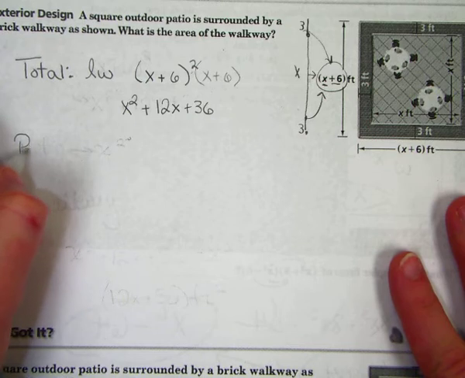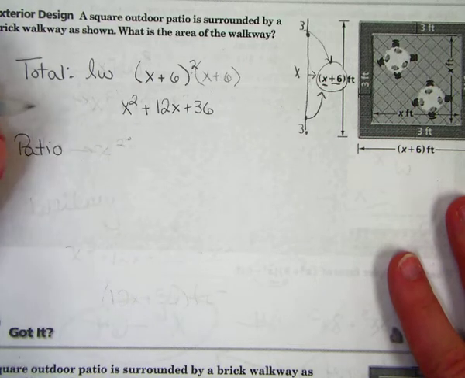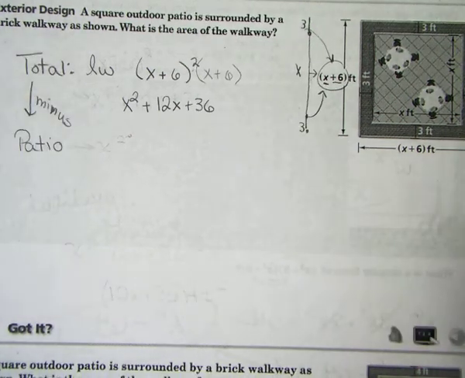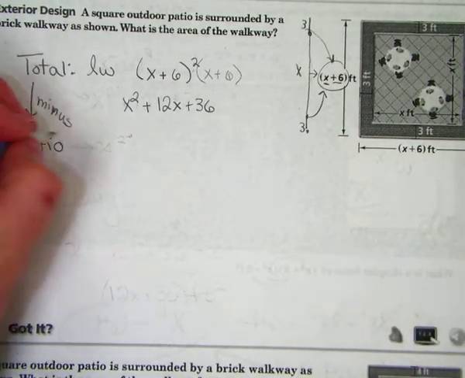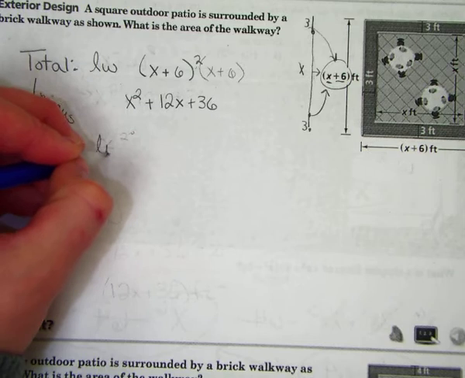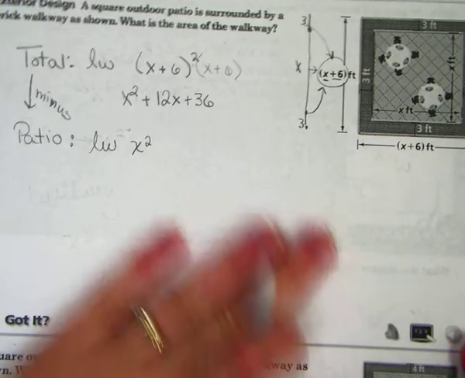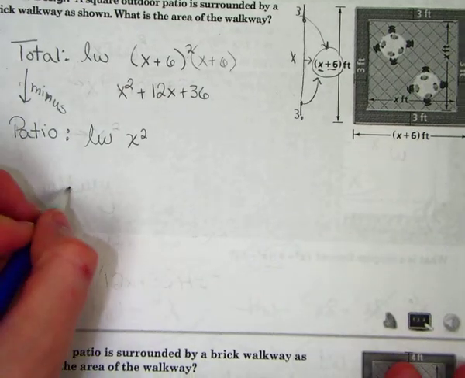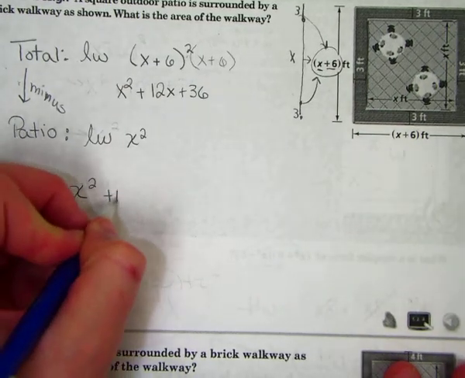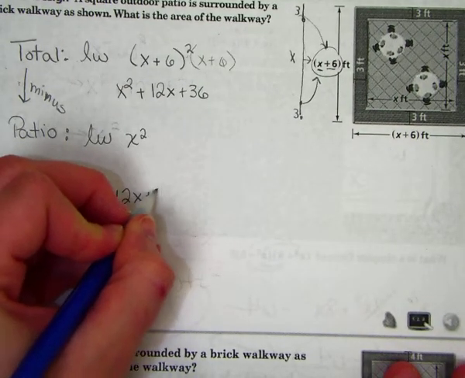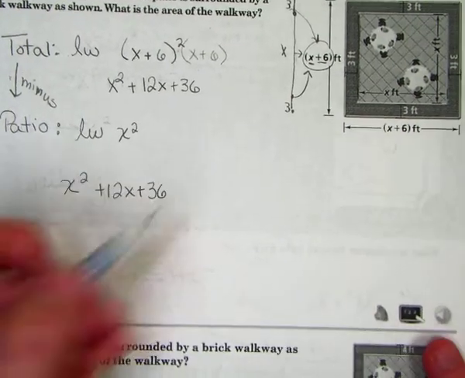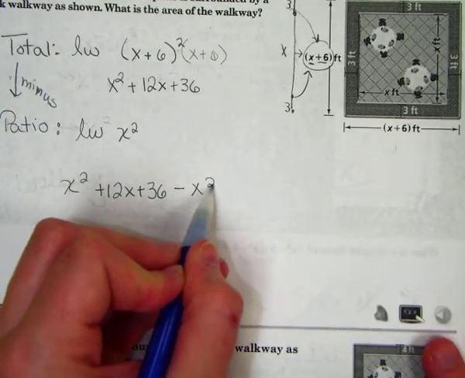Now let's talk about just the patio, because we know if we take the total minus the patio, that's going to give us just the walkway. So the patio is length times width, which in this case is just x times x, which is x squared. So let's do the subtraction. x squared plus 12x plus 36, which is the total, minus the patio, minus x squared.